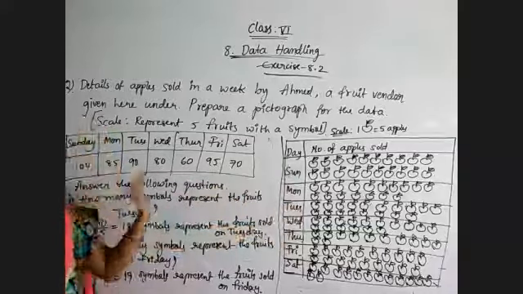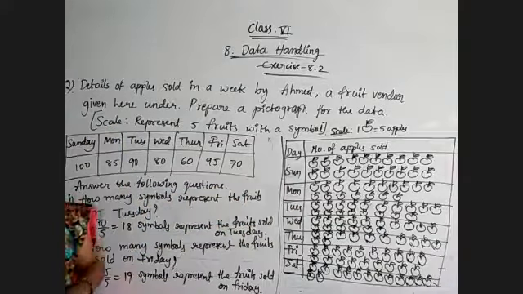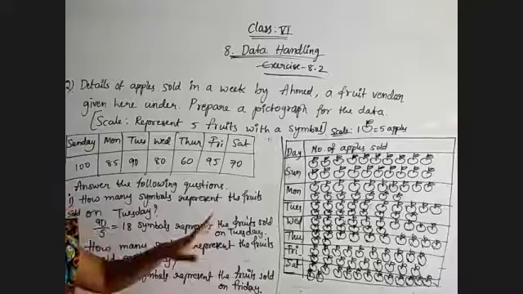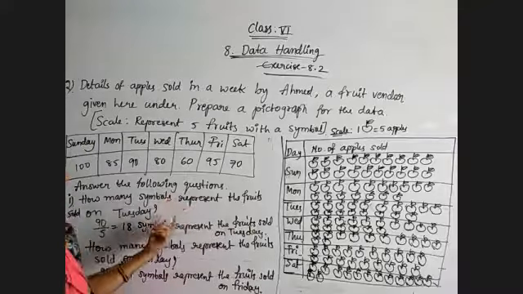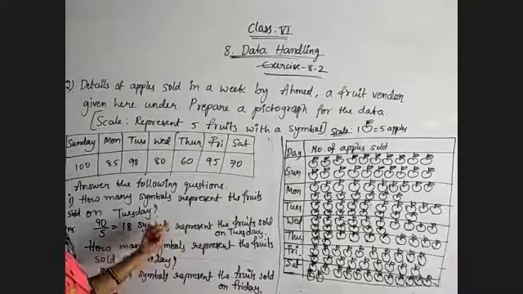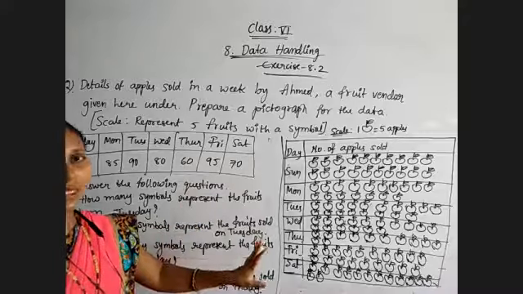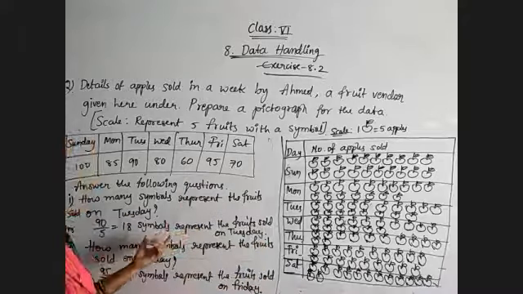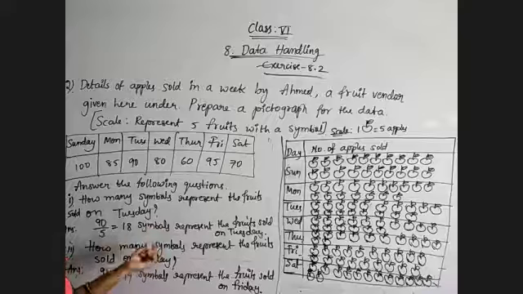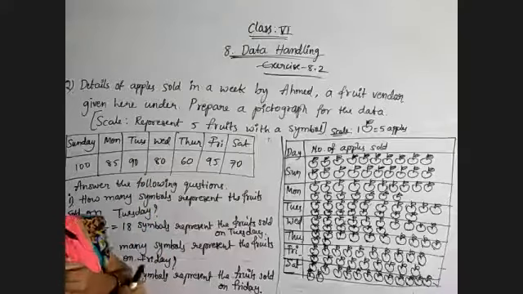Divide with 5, you will get the values, that's all. And here after that pictograph, they are asking the questions also. For these questions also we can answer after preparing a pictograph, otherwise without preparing, before only we can answer these questions because they have mentioned the scale, that's why. Okay.